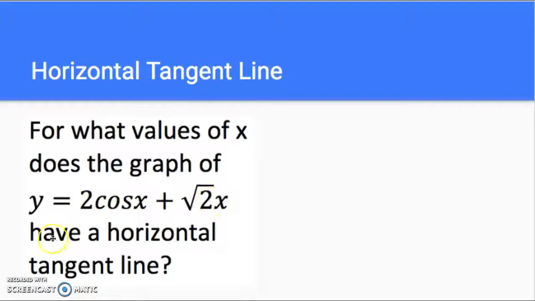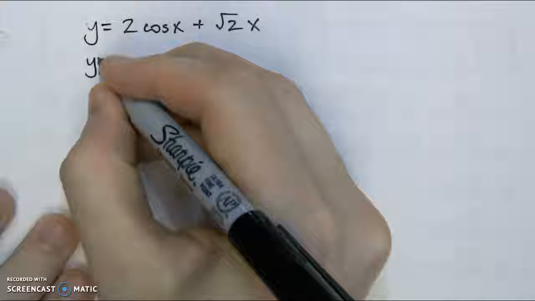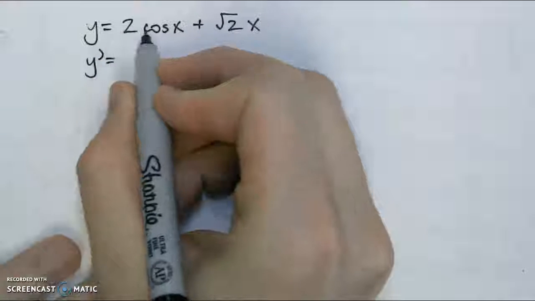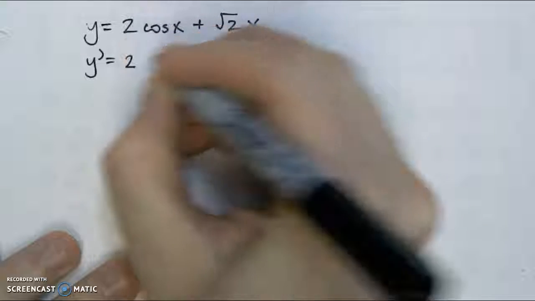When I look at this function, though, I see that I've got one term plus another term, or one function plus another function. So I don't need to do anything weird like product rule or quotient rule. I should be able just to use my power rule. As I'm using power rule, though, I notice there's trig in it, so I'll have to use a trig derivative to get that cosine. So let's start by taking the derivative. When you take the derivative of 2 cosine x, the 2 stays.